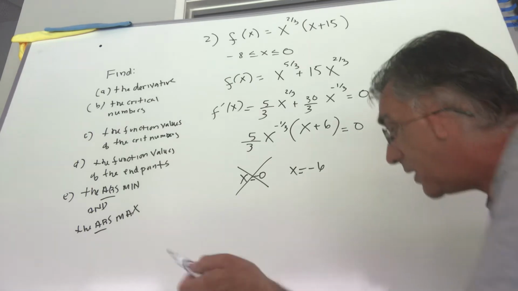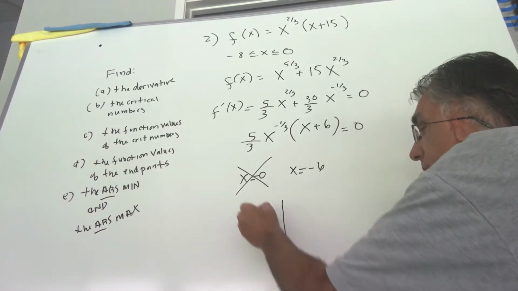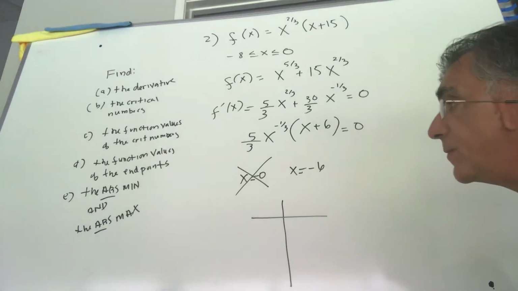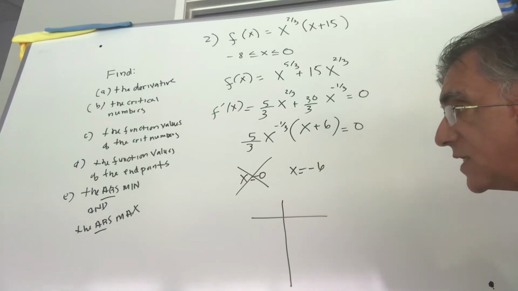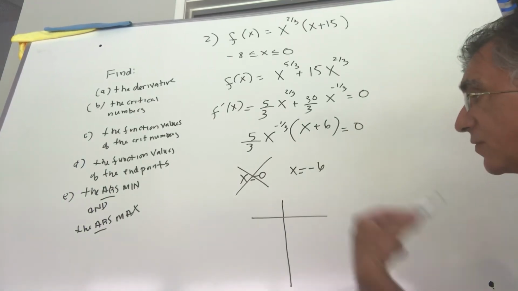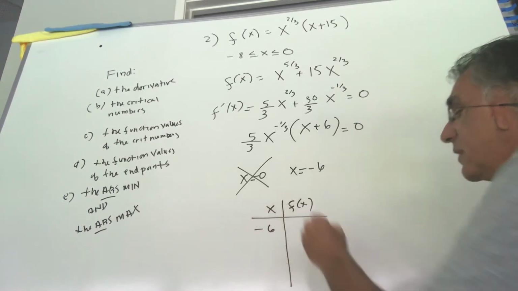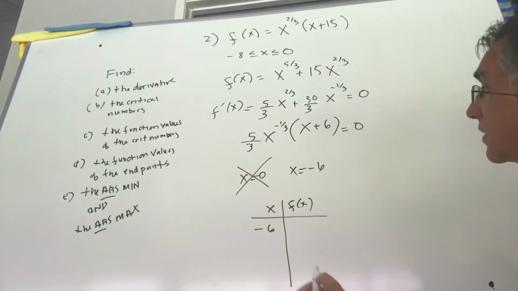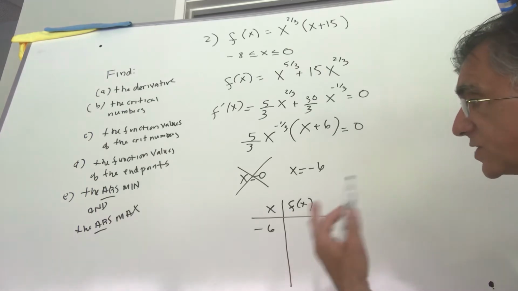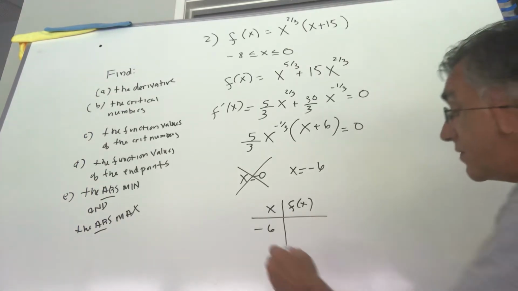Now, again, just a reminder, what we want to do now, just like I did in the last video, is the C and D step: finding the function value of the critical number, I need that. And then I need the D step, find the function values, or the Y values, of the endpoints.